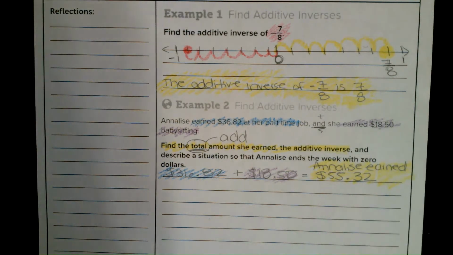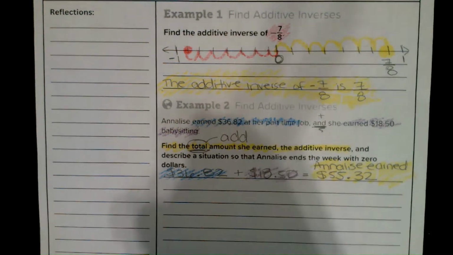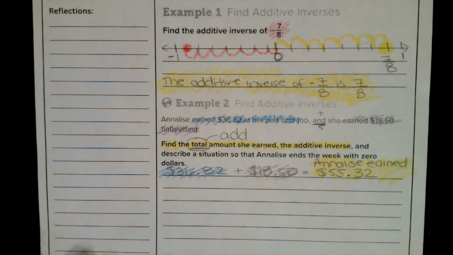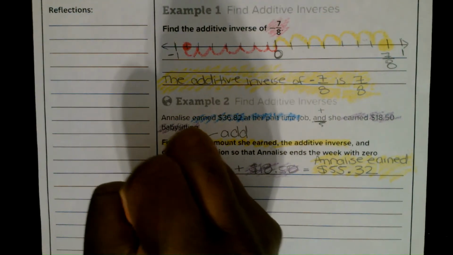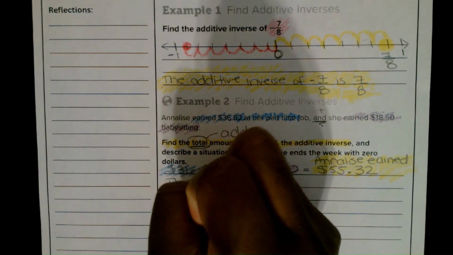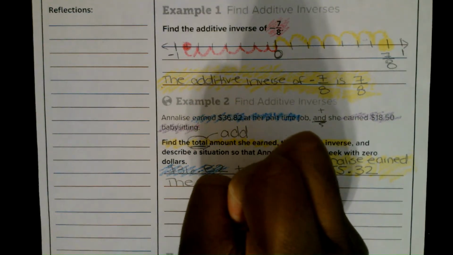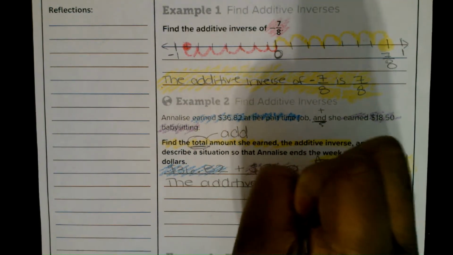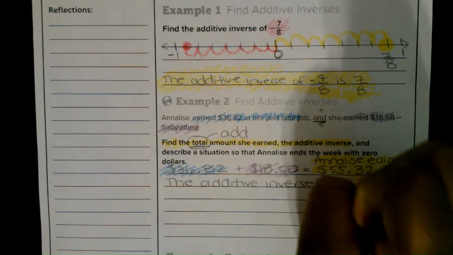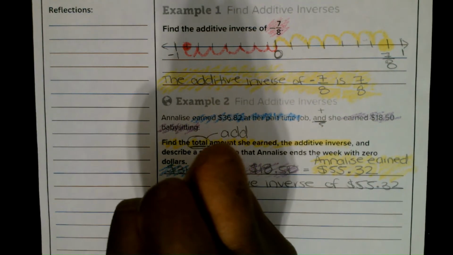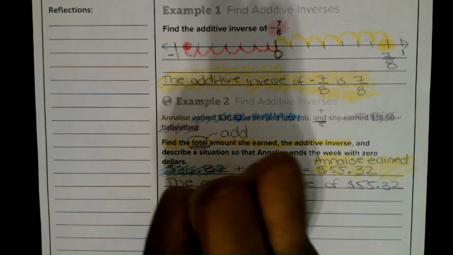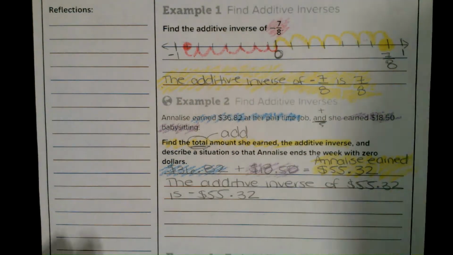So $55.32 is on the right side of zero. The additive inverse or the opposite will be on the left side of zero. So that would be negative instead of positive. So the additive inverse of $55.32 is negative $55.32.